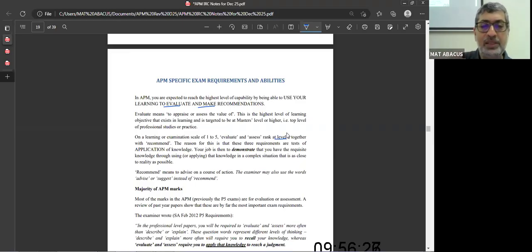When you go to a master's exam, we put the questions at level 4 and 5. So this is what we are aiming to do at APM. So APM is a level 4 to 5 examination. We do put very little at level 3. It's rare. The examiner may ask you to explain something, and that is a level 3. Discuss is level 4. Evaluate, etc. is level 5.